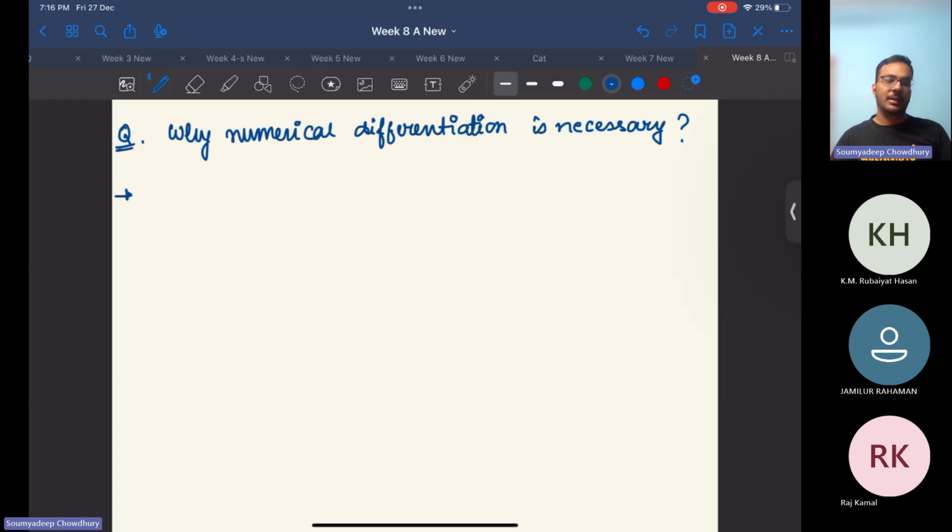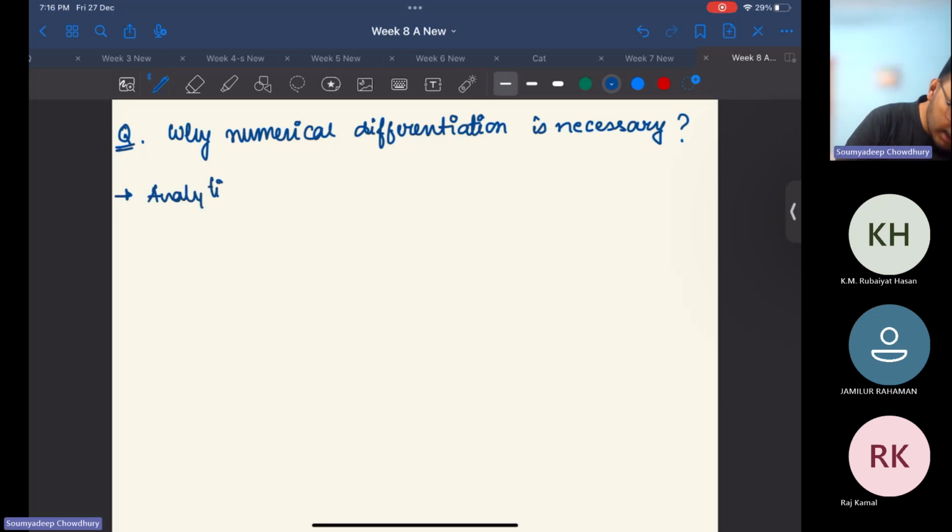We don't have the analytical expressions for the differentiation of every mathematical function. And also you can have a combination of multiple functions, and then it might be difficult to find the analytical expression or do the chain rule and differentiate again and again. That might be computationally expensive, right?